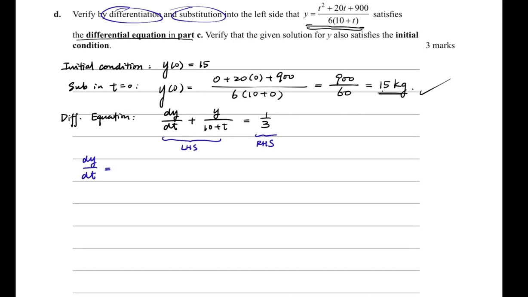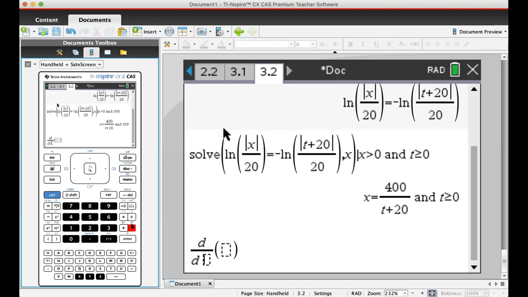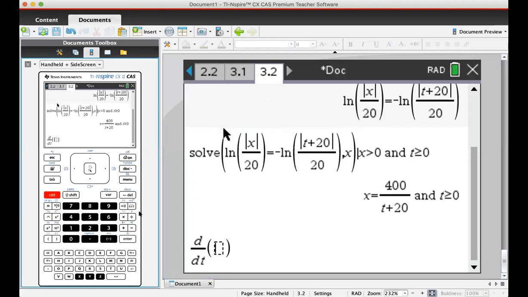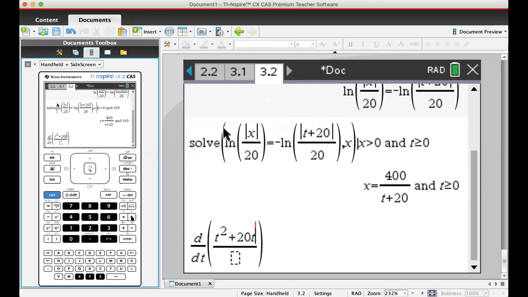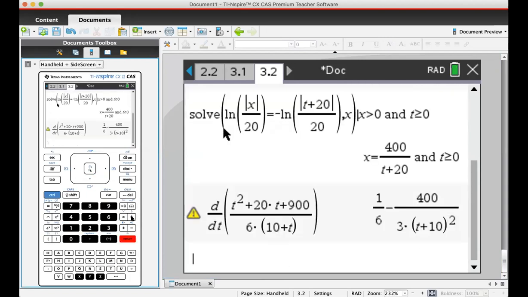So let's have a look here. Right, so from my CAS calculator, let's have a look. Shift minus t. Here is (t squared plus 20t plus 900) divided by 6(10 plus t). Okay, this is my dy/dt, okay? So we are able to proceed further.